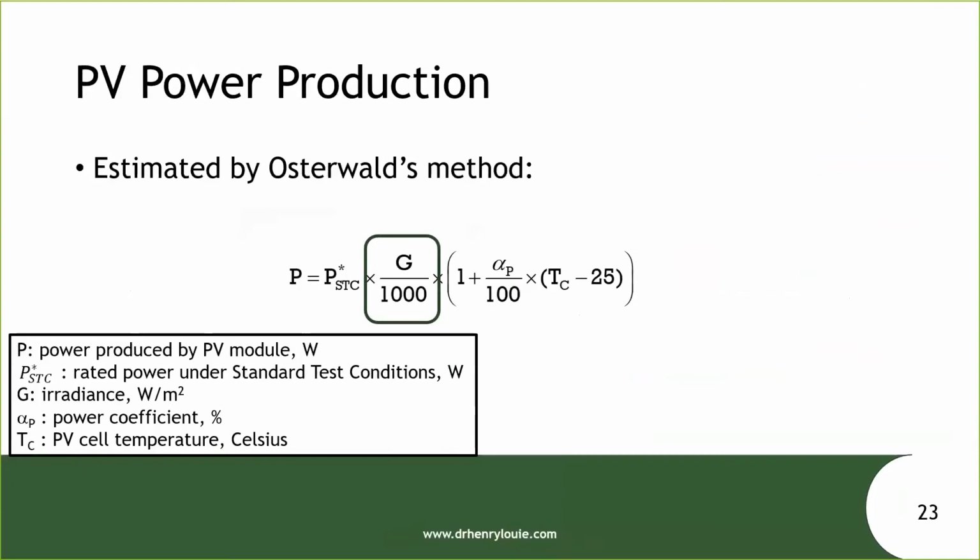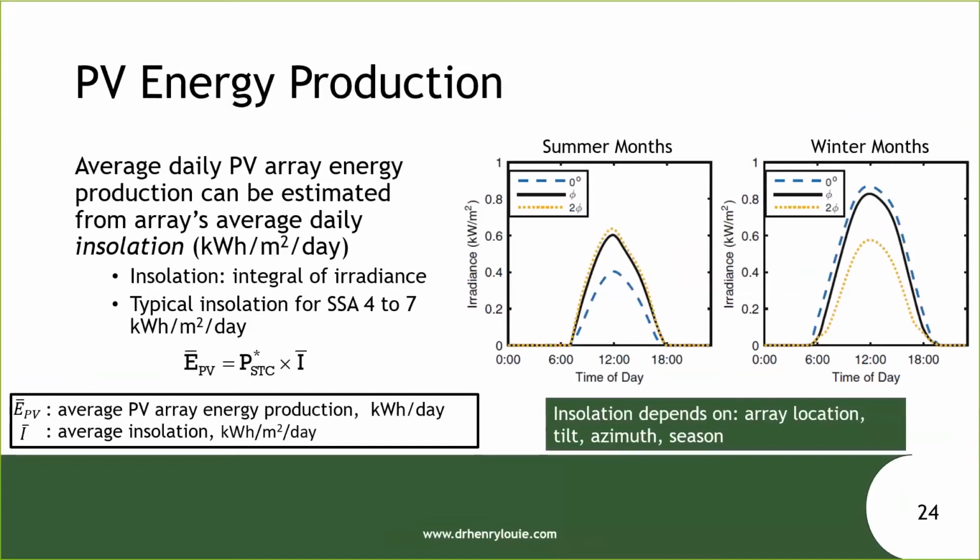That gives us a linear scaling, and then we also correct it versus temperature, and that's what the part of the equation on the right shows. So you need to know the power coefficient, which PV manufacturers report, and you can then estimate the power production by your PV panel.